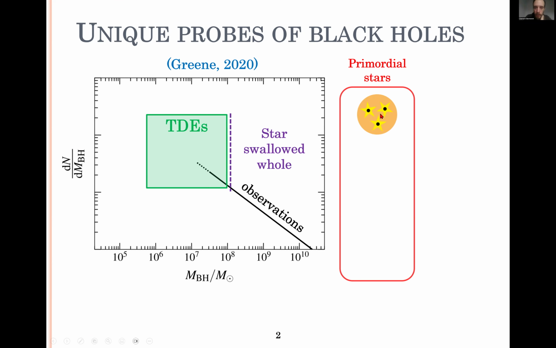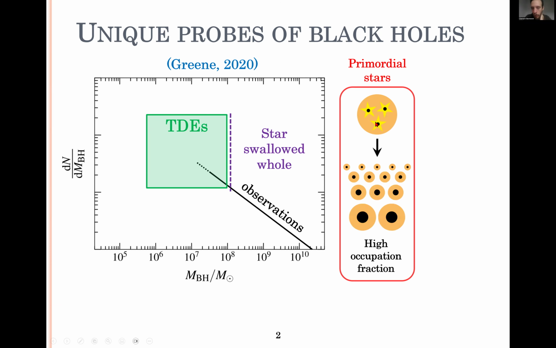Starting from these seed black holes and evolving them to the current time, the predictions are that most galaxies, even all galaxies, even the lowest mass ones, would be occupied by a supermassive black hole. This is also referred to as a high occupation fraction. On the plot on the left, this would be reflected by a line that just continues to increase to lower and lower black hole masses. This is the red dashed curve here.